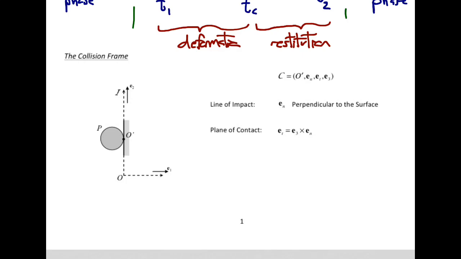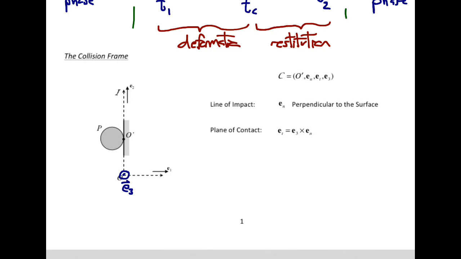So let's show that. We need to have a line of impact which we're going to say is perpendicular to the surface. So when we write our collision frame using our same basis vectors, E sub n, E sub t, and then E sub 3, we have an inertial reference frame where we have E sub 1, E sub 2, and then we have an E sub 3 pointing out of the page.